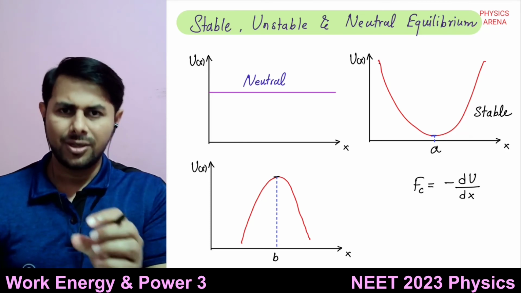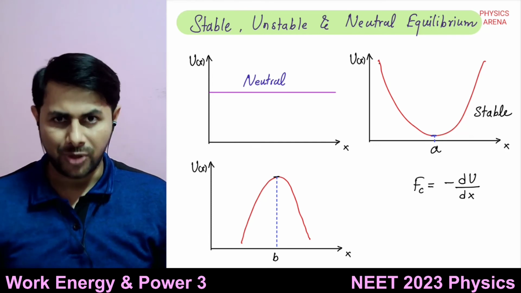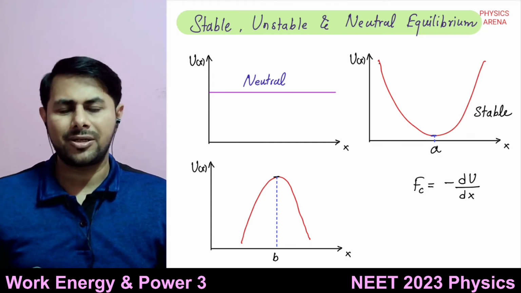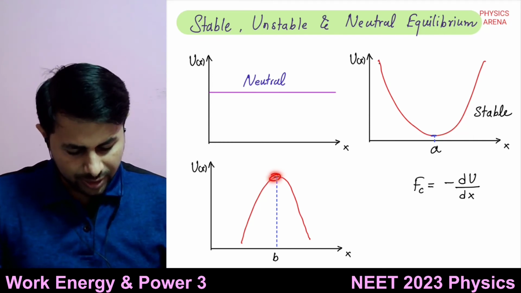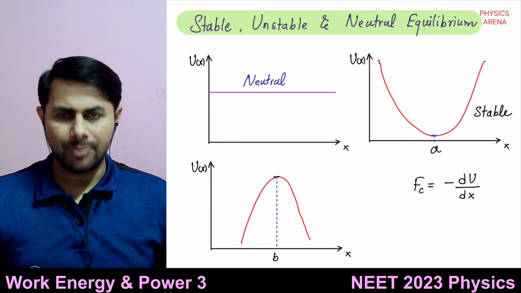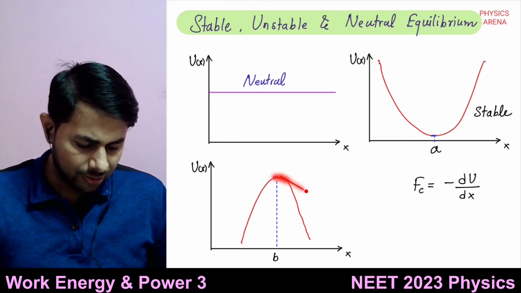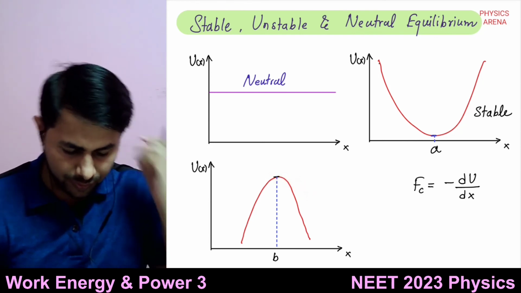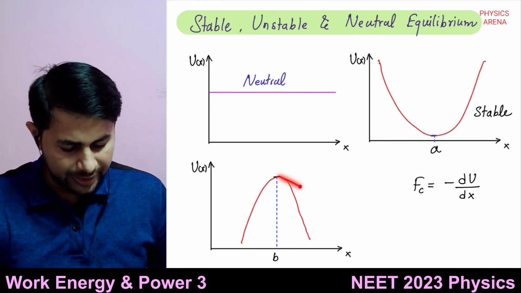So if you displace it a little bit, it will again come back to the same point. And that's why we say the object is in stable equilibrium, right? And here, if you displace it, what will happen? If you go away from this point, the slope is negative.